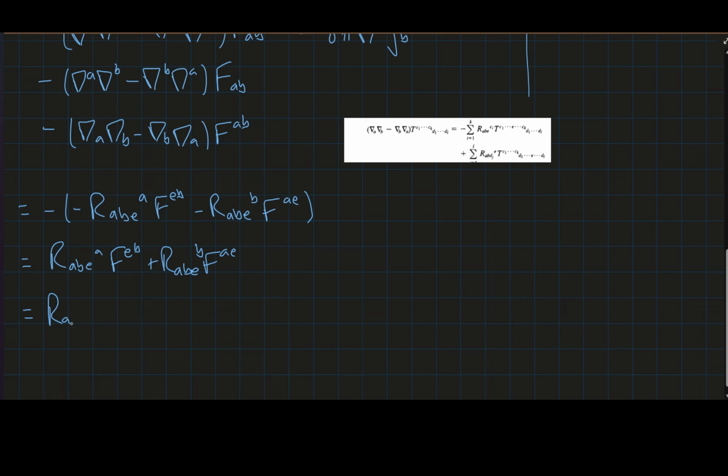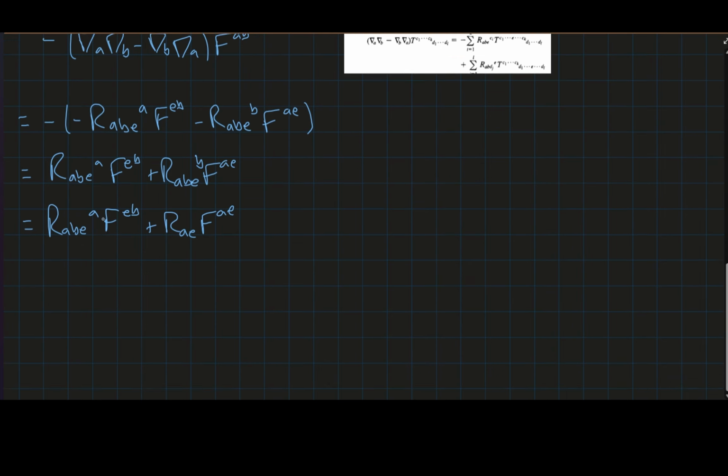So let's say R_ABE^A F^EB plus R. There's a contraction over the B's, so we get R_AE F^AE here. So now the idea is we just want to get this first term in a similar form as with a Ricci tensor, and matching indices on the electromagnetic tensor.